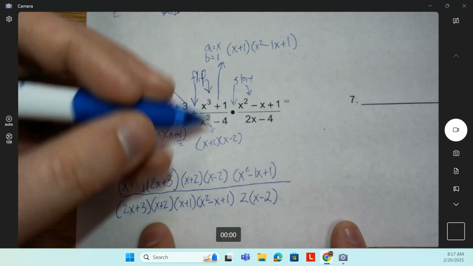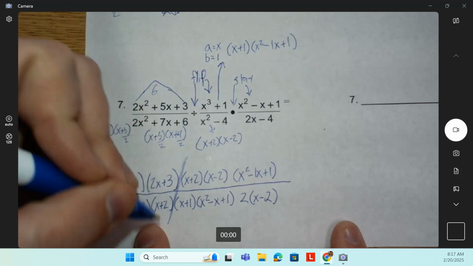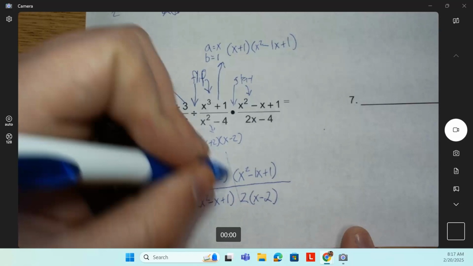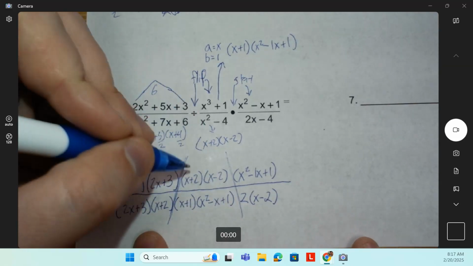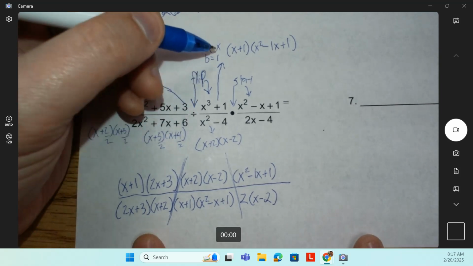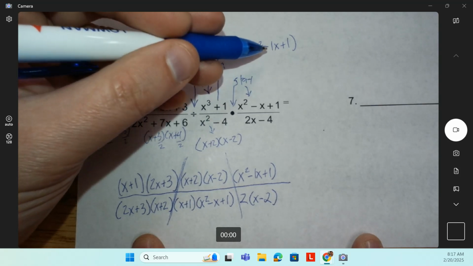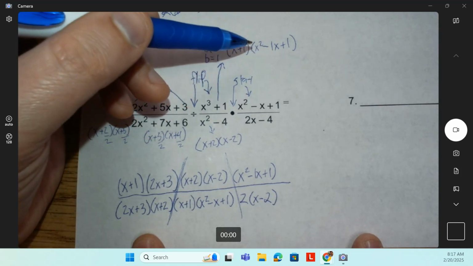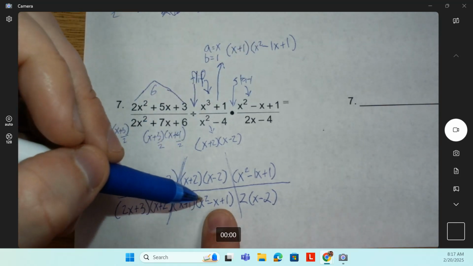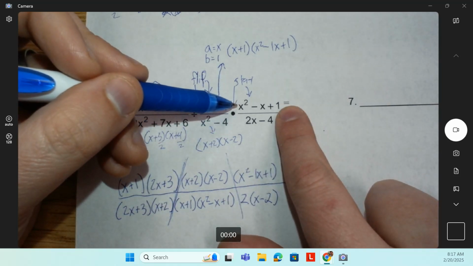Then for my one in the middle, it might be beneficial when you get larger ones like this to keep them split up, so you know what part is getting flipped and what part's not. But when I did difference of cubes, I got x plus 1 and x squared minus x plus 1. And instead of factoring that out into the 2 factors, I've noticed up here I've got the same trinomial.